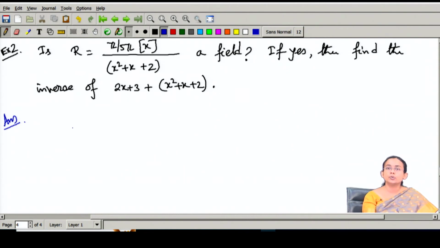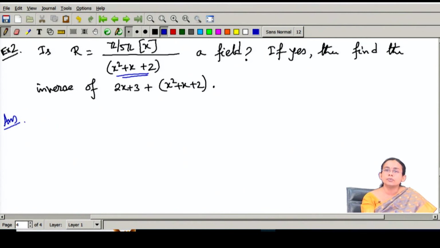In order to show that this quotient ring is a field, I need to investigate whether this ideal is a maximal ideal or not. And we know that a polynomial ring over a field is a PID, and in a PID every maximal ideal is a prime ideal, and in a polynomial ring over a field, every prime ideal is generated by an irreducible element.